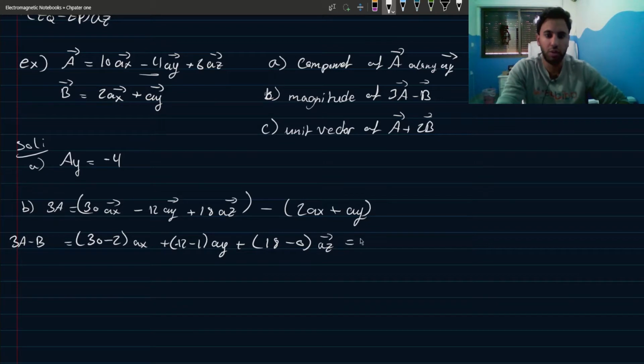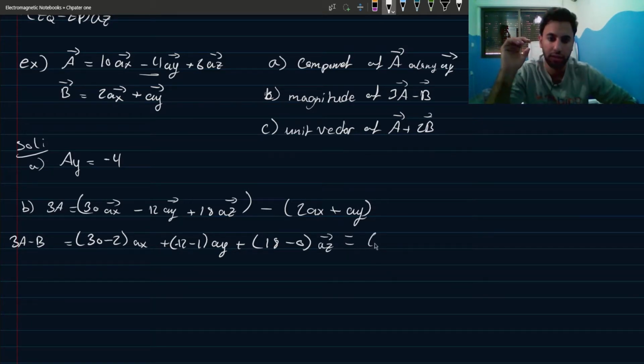Which will be equal to 30 minus 2, that is 28 AX, minus 12 minus 1, minus 13 AY, plus 18 AZ.